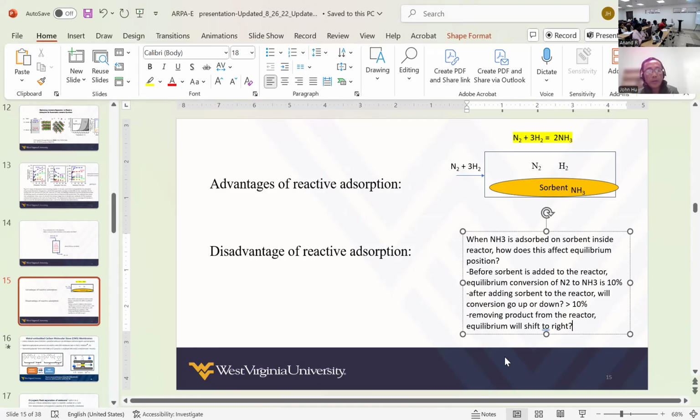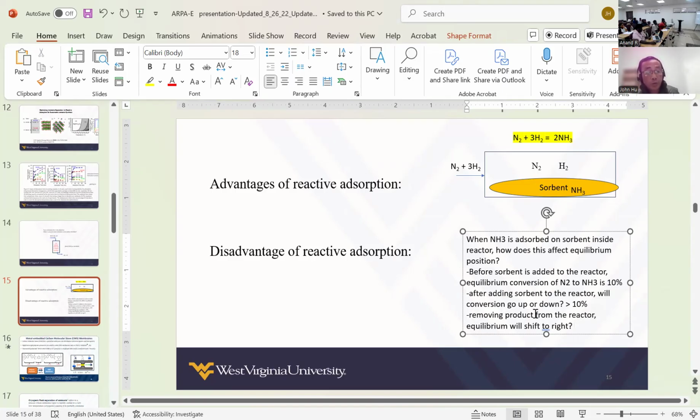Do you remember this? Removing product from the reactor, equilibrium will shift to the right. Reversible. Is it correct? Yes or no? Yes, sir. It will be reversible. Okay, that's what I mean.